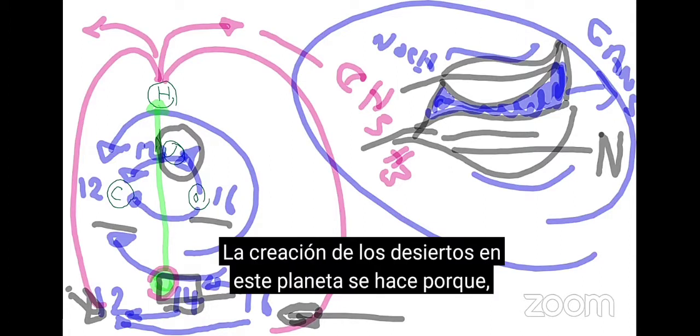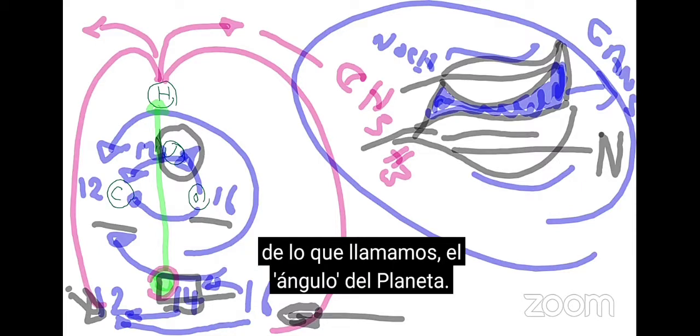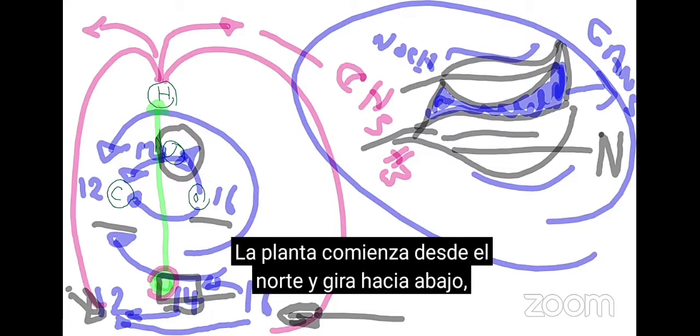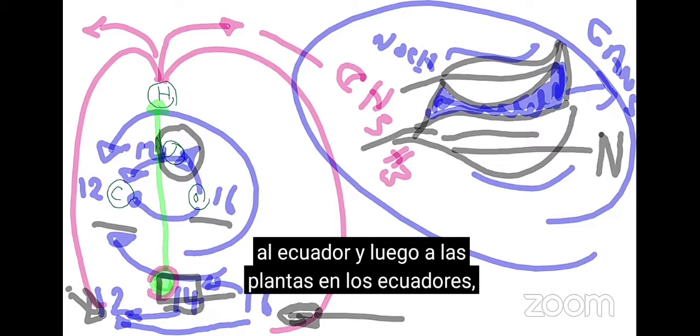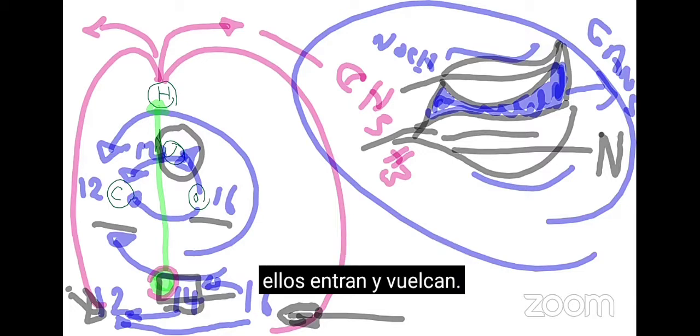The creation of the deserts on this planet is done because of what we call the angle of the planet. The planet starts from the north and rotates down, and it goes through that phase of desert and then coming down to the equator, and then the planets on the equators, they bulge in and it turns over.